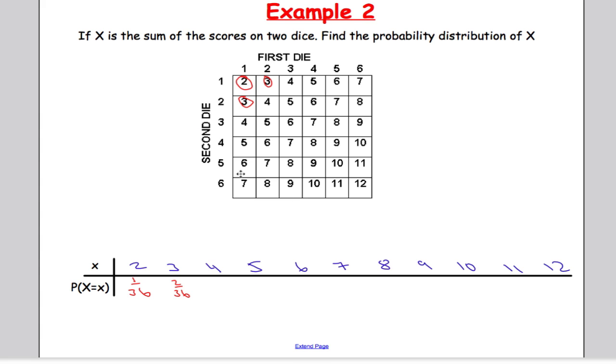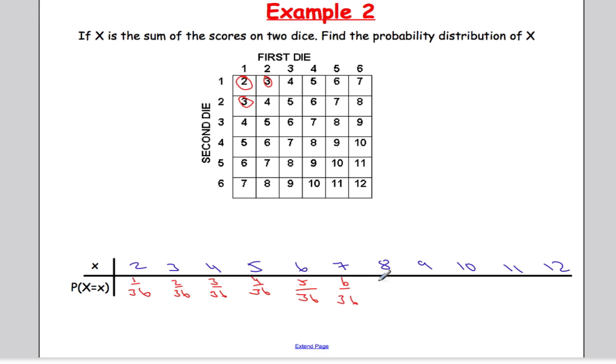Next is 3 out of 36, 4 out of 36, 5 out of 36, 1, 2, 3, 4, 5 out of 36, 1, 2, 3, 4, 5, 6 out of 36, and then we'll start going down again.